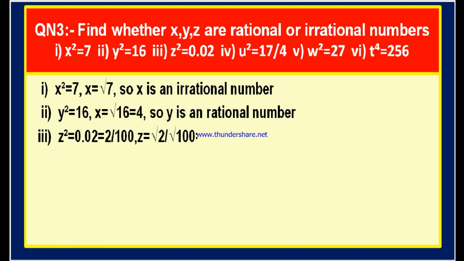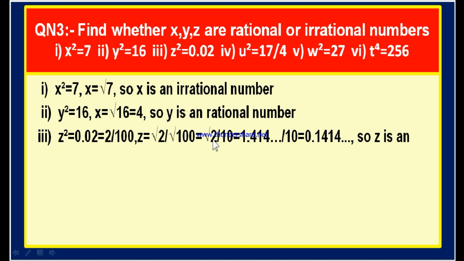Now, third bit, z square is equal to 0.02. It is a decimal number, a terminating decimal. Now, let us write it in p by q form. This is equal to 2 divided by, after the point there are 2 decimal places, therefore you can write this as 2 divided by 100. Now z square value is 2 by 100, then z is equal to root 2 by root 100.